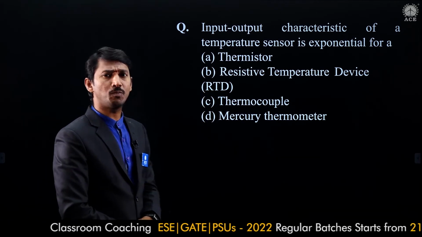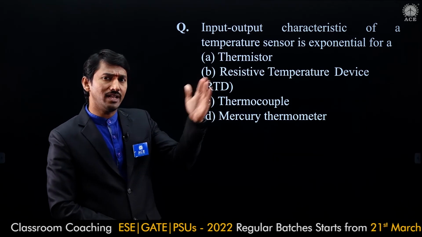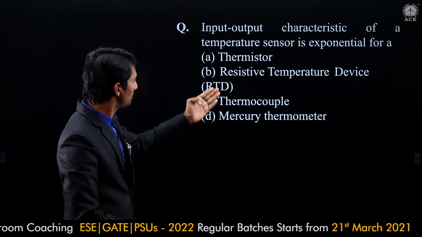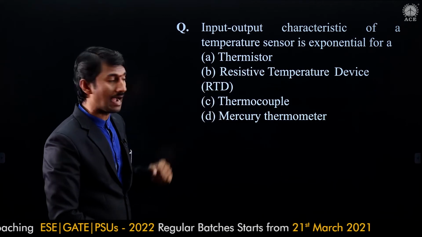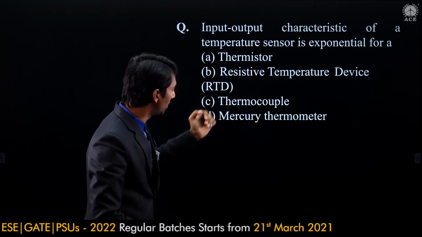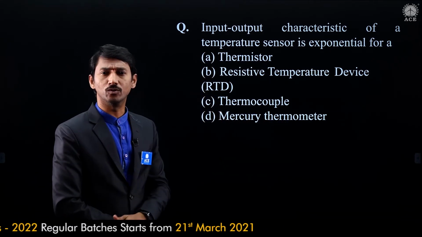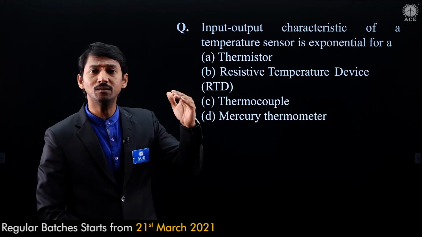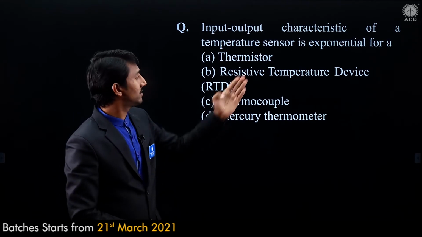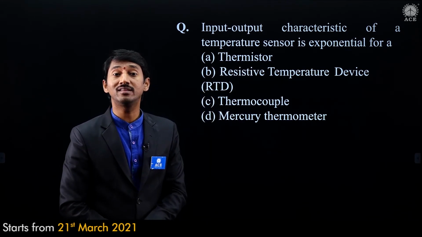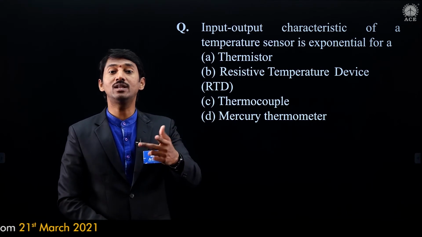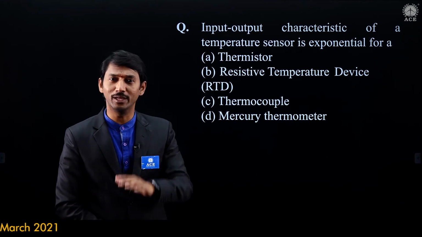Out of the available temperature measuring devices like resistive temperature detector RTD, thermistor, thermocouple, mercury thermometer, if you take all these four, in which device will the characteristic be exponential? Means when the device has a negative temperature coefficient of resistance, there only we have seen.